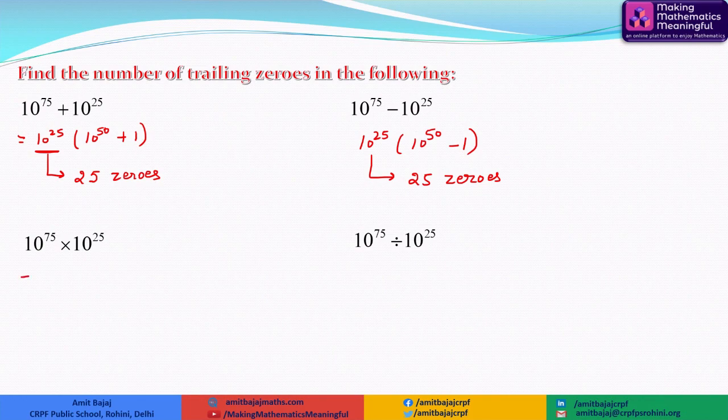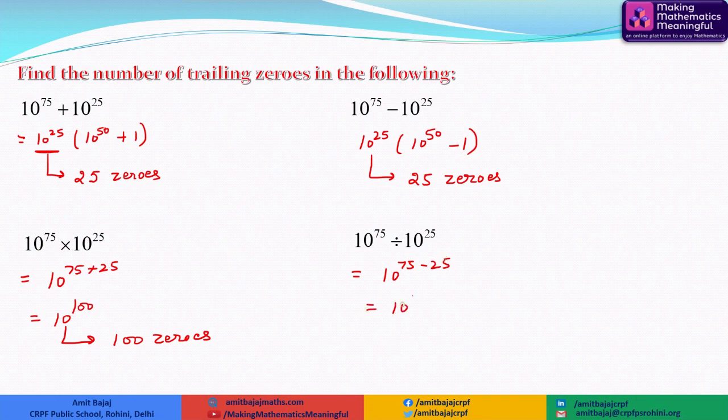And in this case, using the laws of exponents, this will be 75 plus 25, which is 10 raised to the power 100. Here clearly we have 100 zeros. And in the same way, using the laws of exponents, this will give us a total of 50 zeros at the end of this.